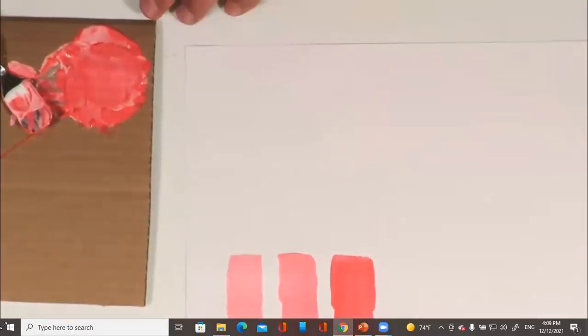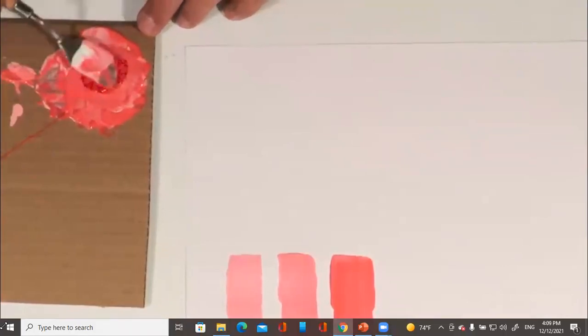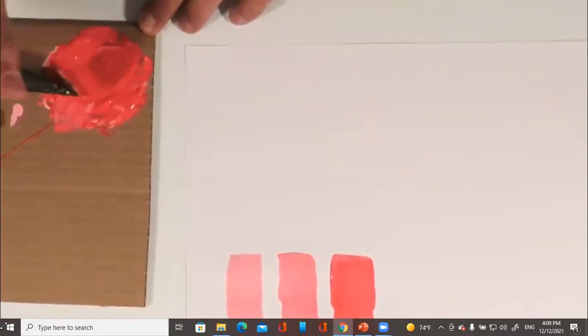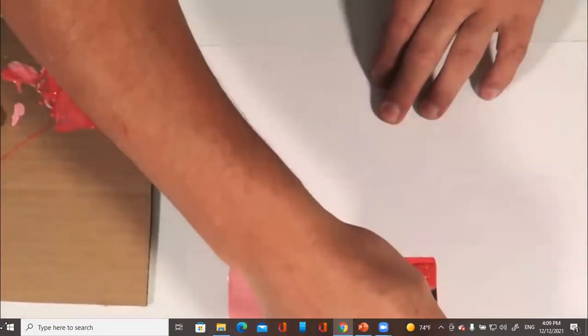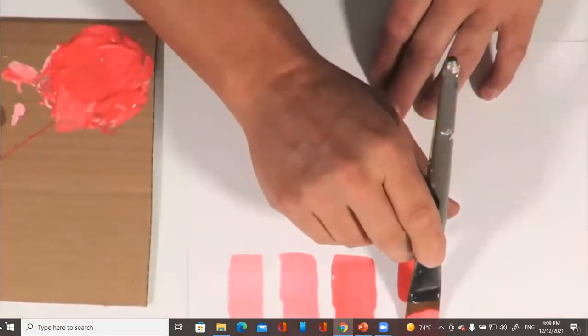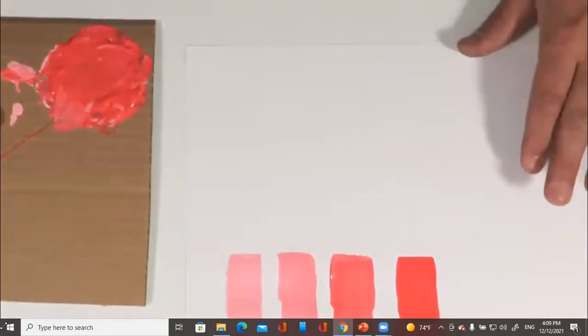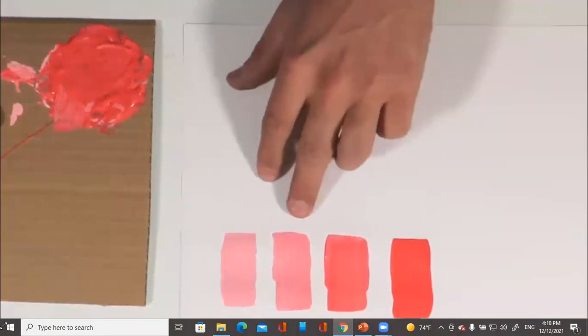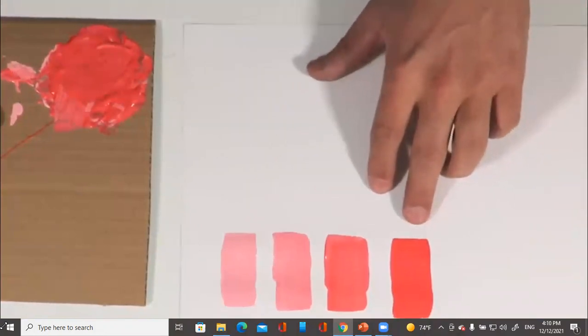Right, go a bit more darker. It's almost dark. Pretty dark pink. We've got light pink, medium pink, and then dark pink.